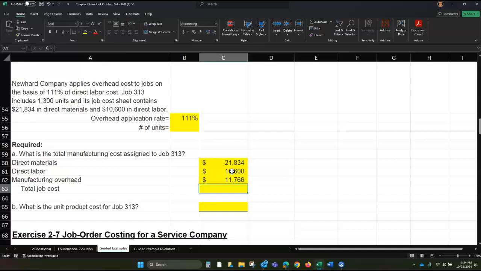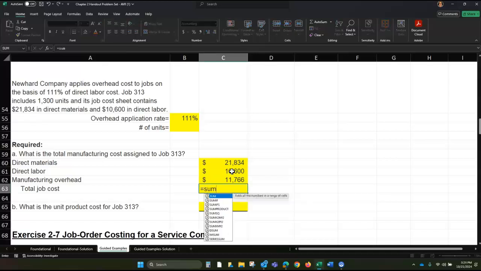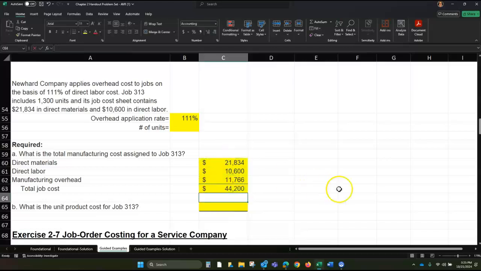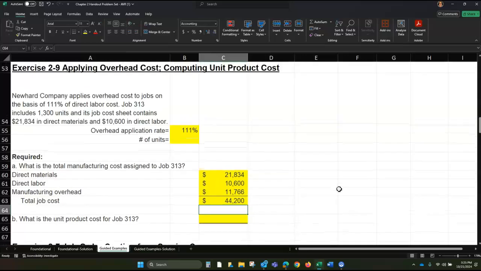You with me? So again, depending on how we're applying these things, so far our drivers have been machine hours and direct labor hours, and now we're using direct labor cost as our driver. So again, I can hit an equal and a sum. Grab those three cells above. All right, so then we've got the number of units.